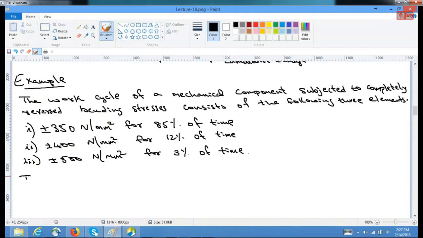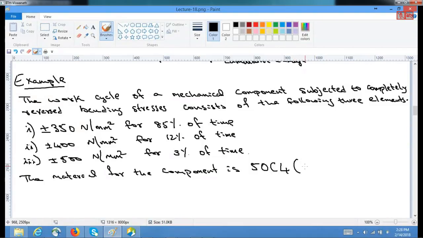Further, the material for the component is 50 C4, whose SUT would be around 660 Newton per mm square, and corrected endurance limit.